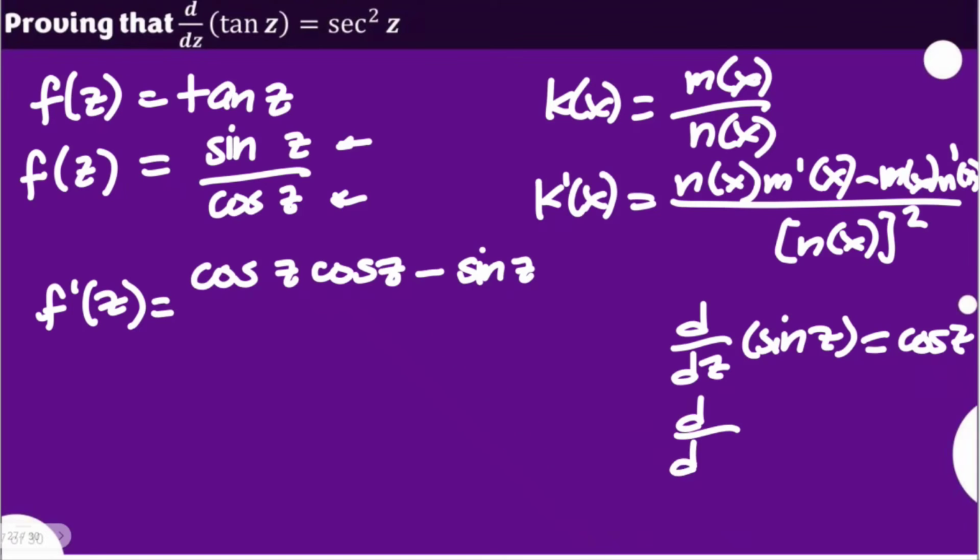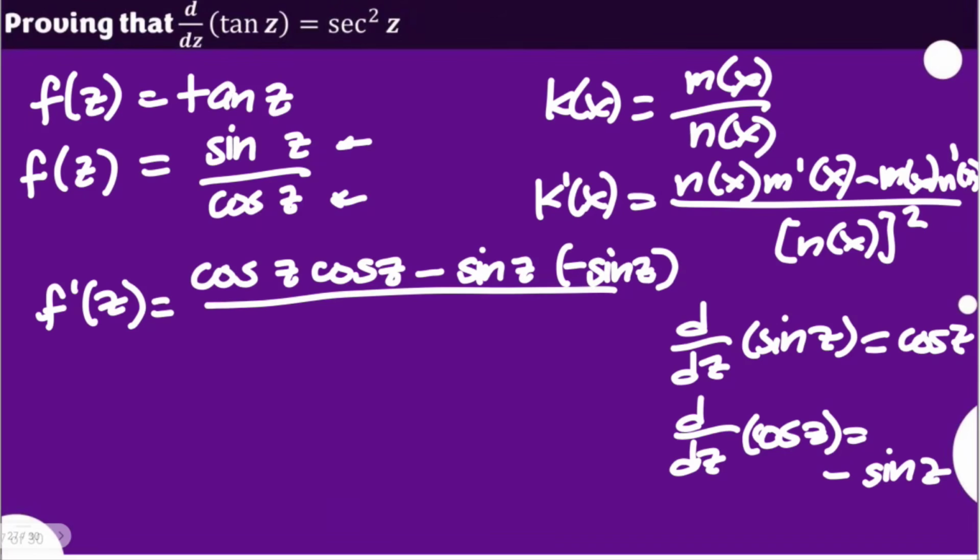Our denominator is cosine z, so its derivative is actually negative sine z, right? So we have here times negative sine z, over the square of your denominator, which is cosine z.